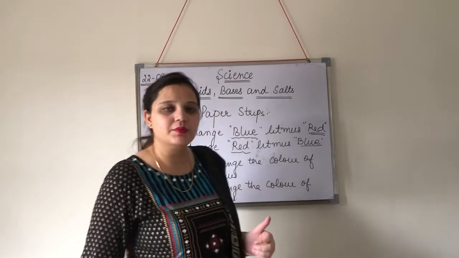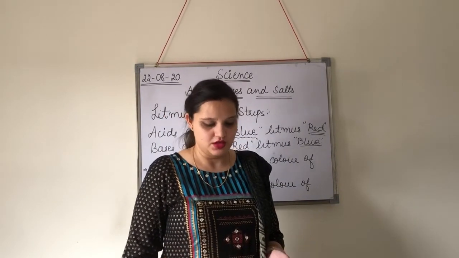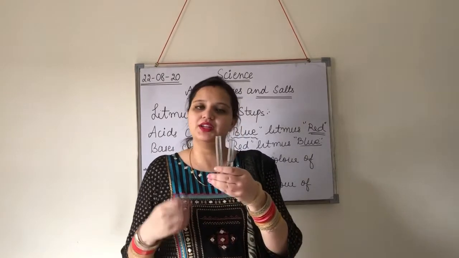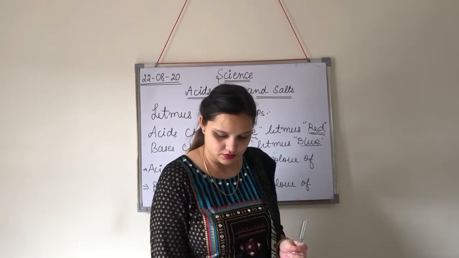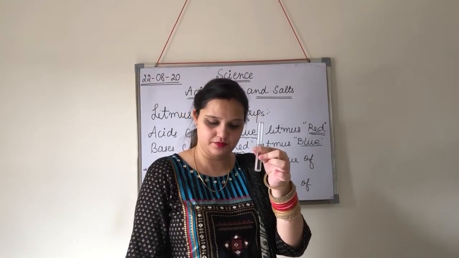Now we will be studying more different types of substances. So here I have different substances with me. Let's check their acidic and basic character. I am going to take this one firstly.